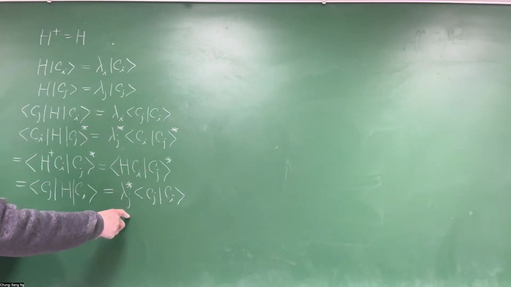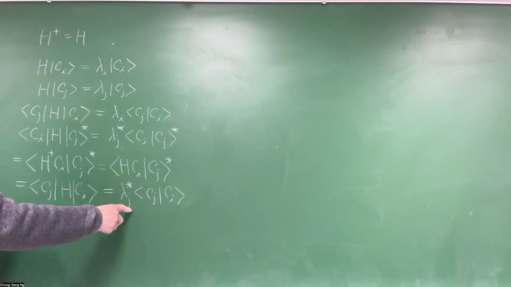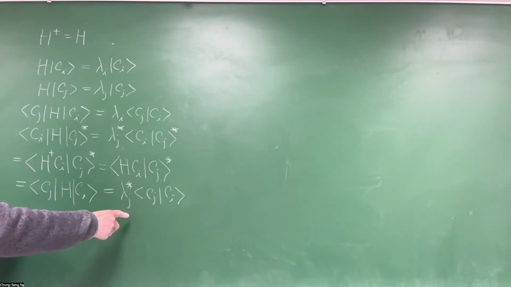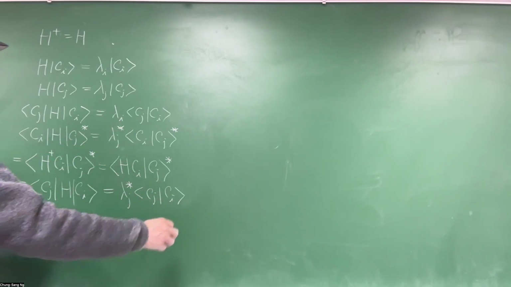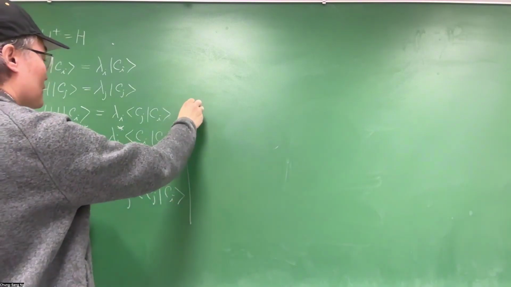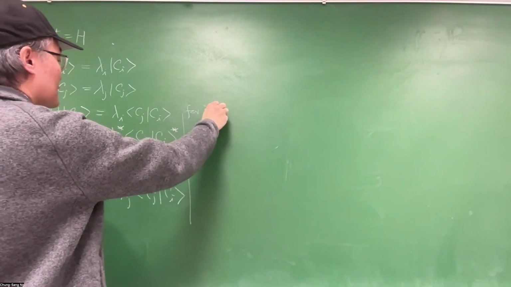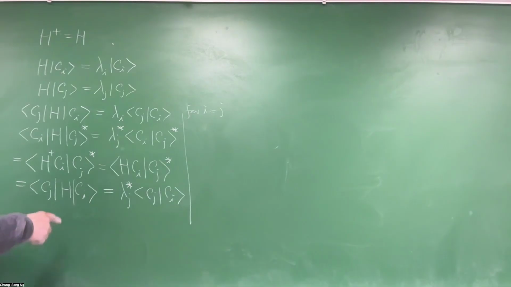So basically, it's exactly the same if we choose i equals j. So we can choose i equals j, right?